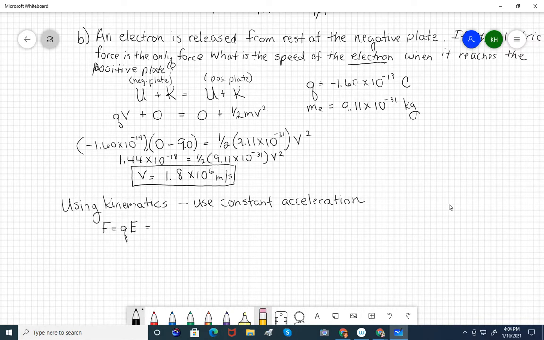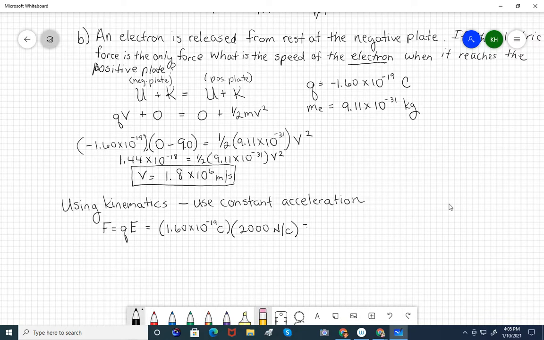So it felt a force equal to its charge, 1.60 times 10 to the negative 19 coulombs, times the electric field strength, 2,000 newtons per coulomb.